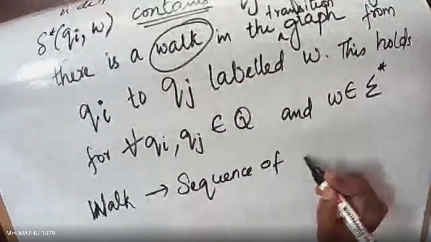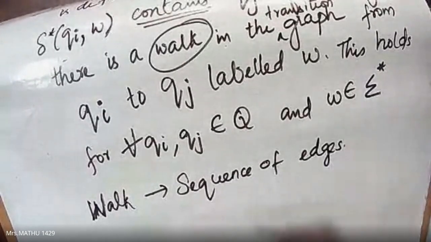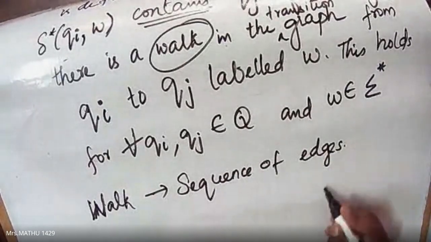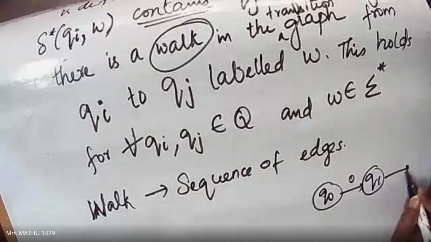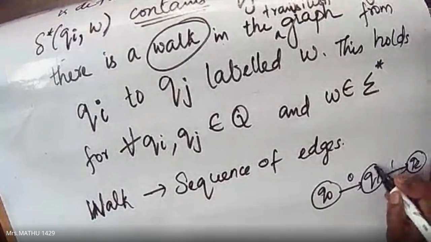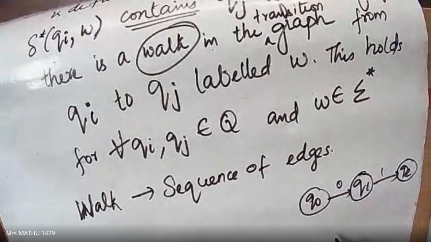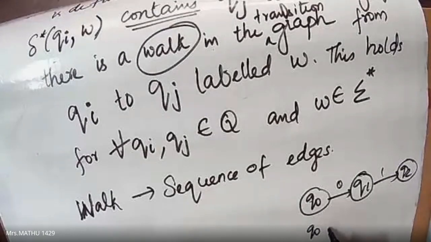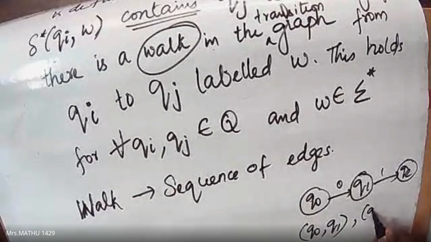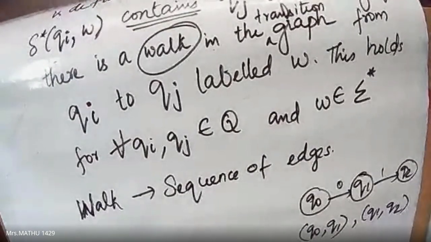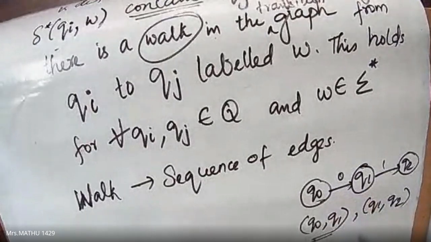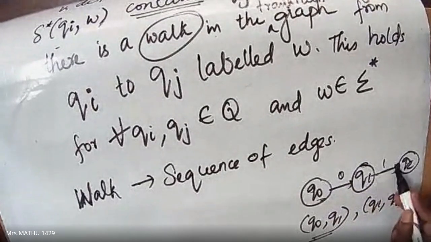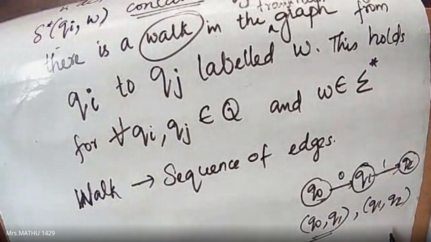For example, if you have some transition graph like this, Q0 comma Q1 is an edge, and Q1 comma Q2 is an edge. So it's a sequence of edges.